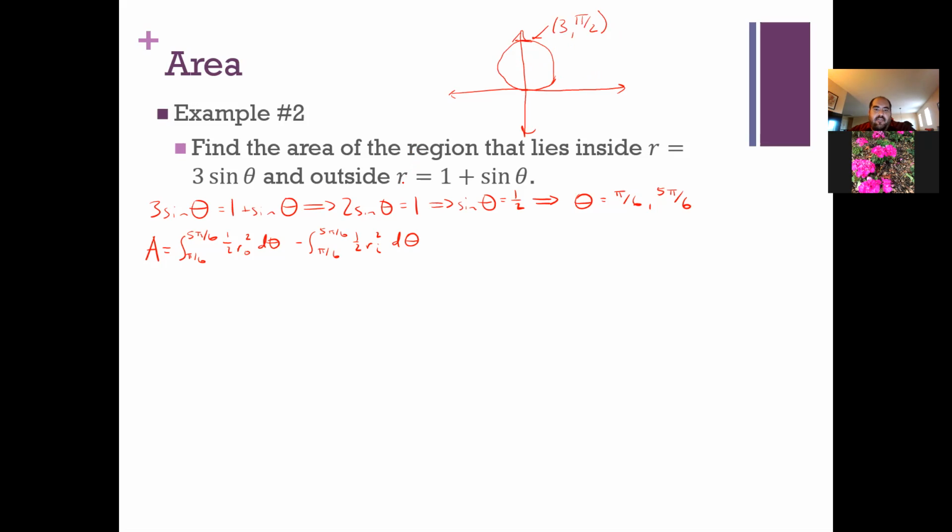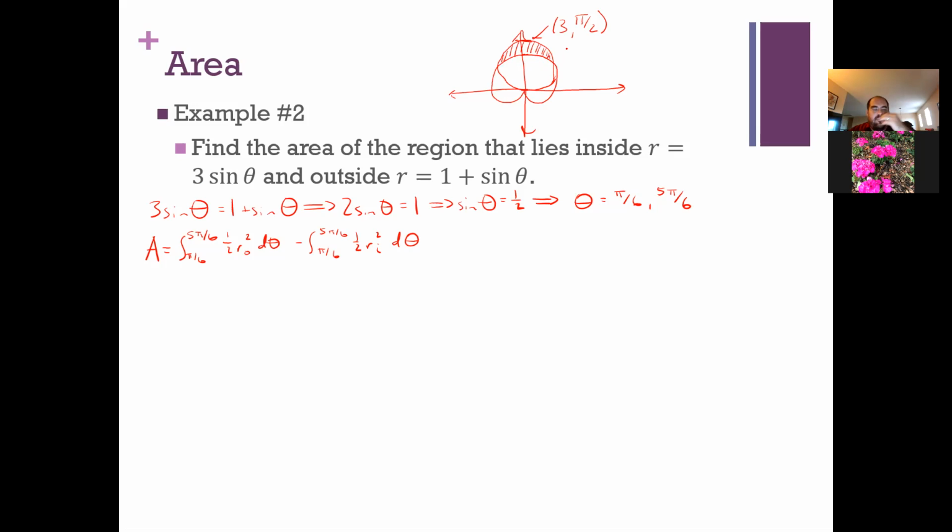And then this other one is the cardioid that we've looked at before. Maybe not to scale, but it helps us get our bearings. So basically, I'm looking for the area that lies inside the circle, but outside the cardioid. So we're going to find this guy here.